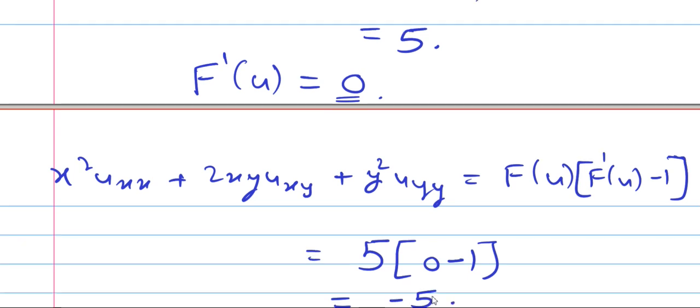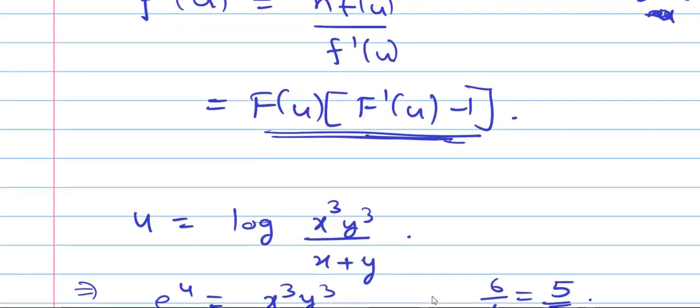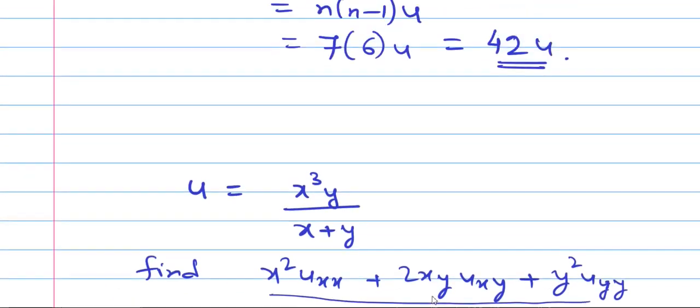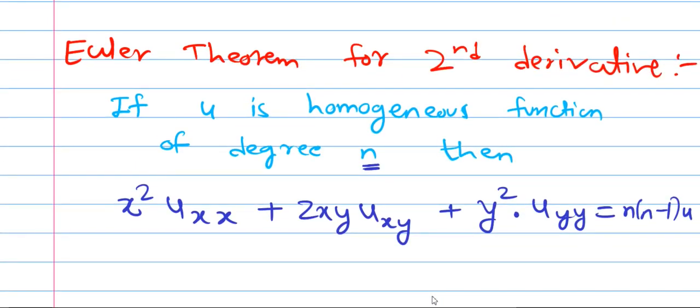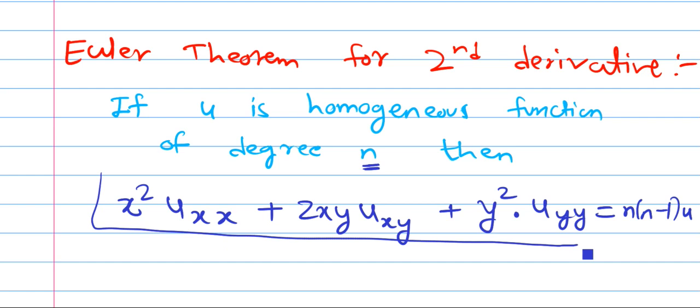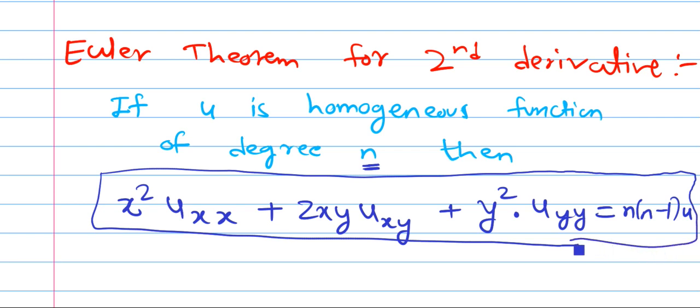Once again, quickly I will repeat Euler's formula for the second derivative. If u is a homogeneous function of degree n, then the second derivative is given by n minus 1 into u. You are supposed to remember this.